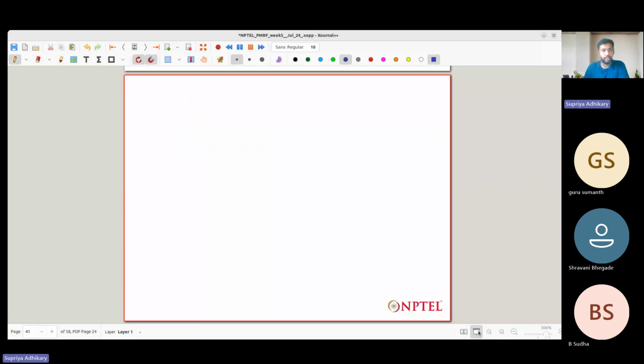We take the mapping from this to this as f(x) equals x, the identity map. Then this identity map is definitely an injective map.